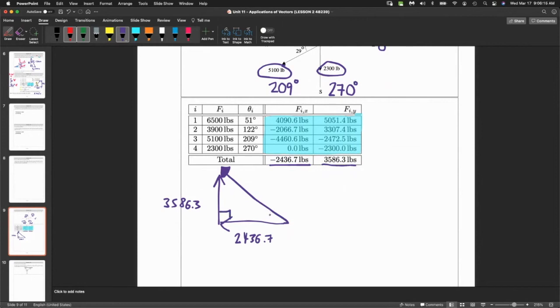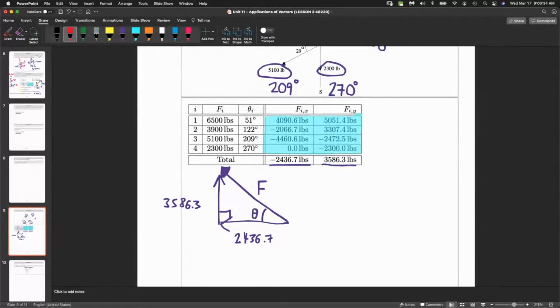So there you go. At this point, all you really need is this angle and this magnitude, which can be found using the inverse tangent and Pythagorean theorem.